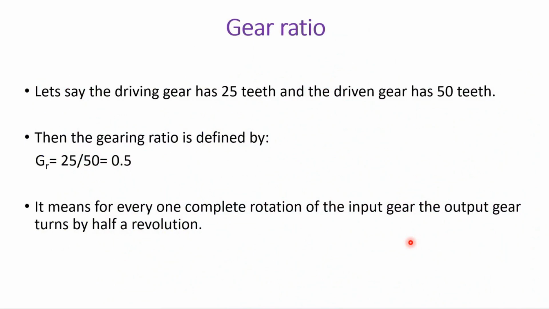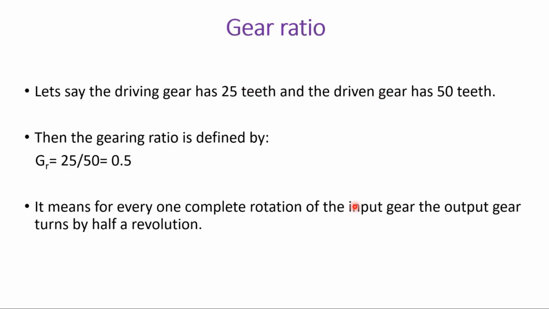We have seen the driving shaft and also the driven shaft, right? And you also have the gear. With respect to gear, you have the driving gear and the driven gear. How do you calculate the gear ratio? Say, for example, the driving gear has 25 teeth and the driven gear has 50 teeth.